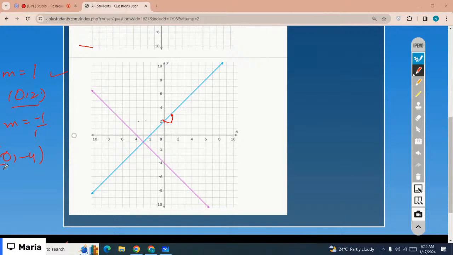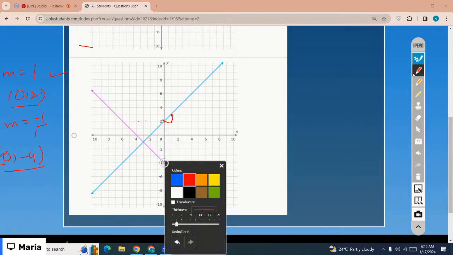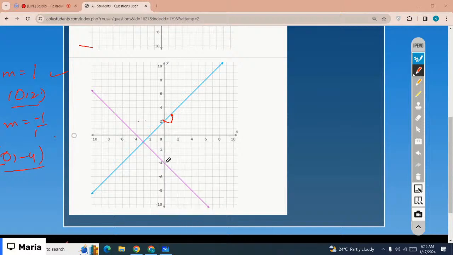Now look at the second one. The second one has the y-intercept at 0, negative 4. Here is the y-intercept, right? And the slope of this one is negative 1. That means you need to move down 1 and right 1. So here is another point. Just join these 2 points and make a line.